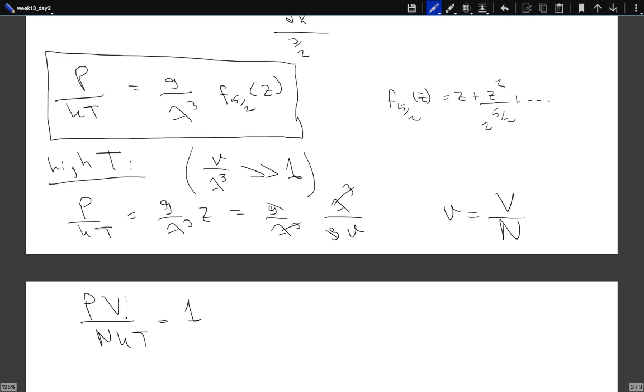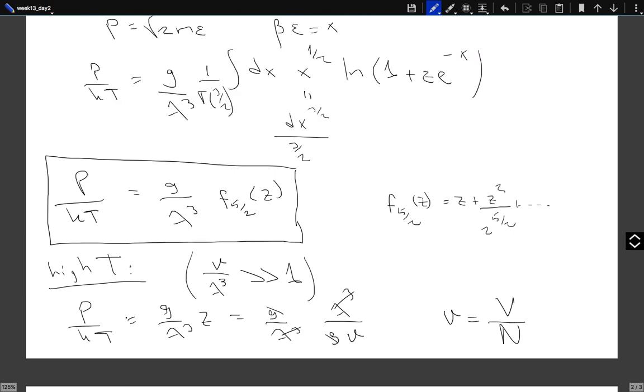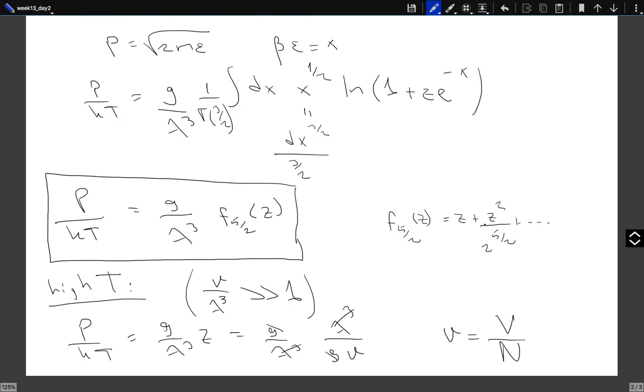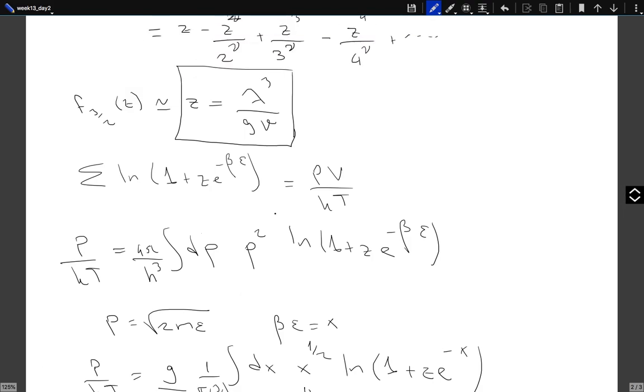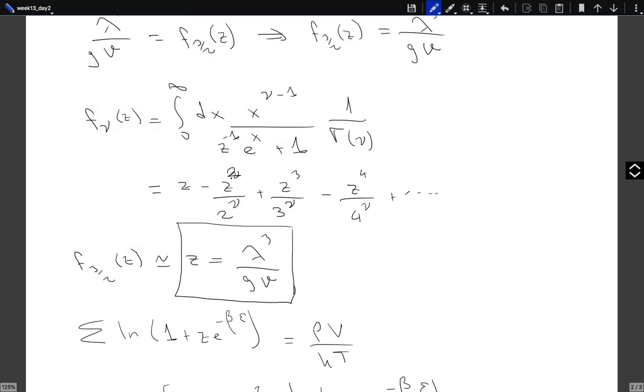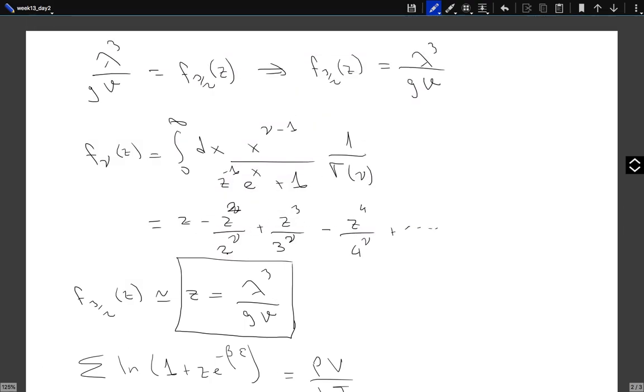Now, of course, it will be interesting to get the first correction to this one, just like we did in the bosonic case. To obtain the first correction, we basically need to keep the z squared term in f_{5/2}(z), and also, when we are finding z, we need to keep the z squared term there.